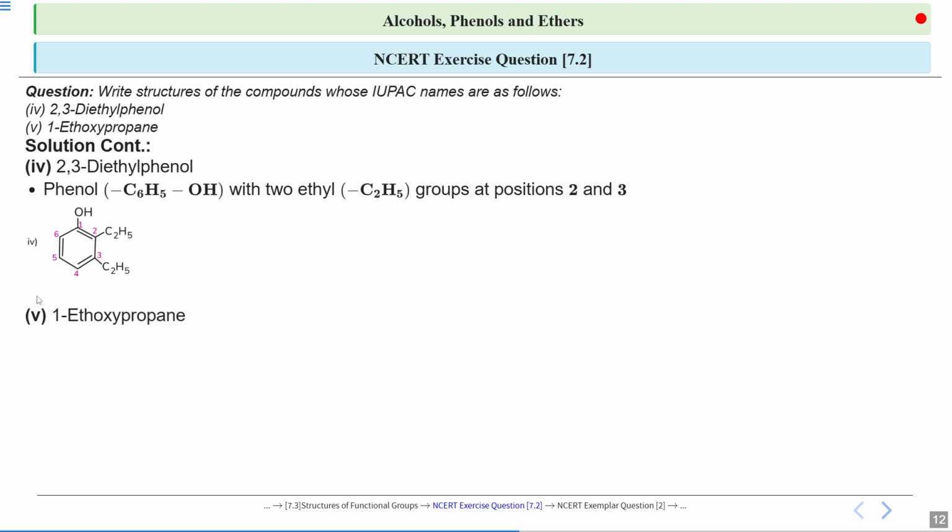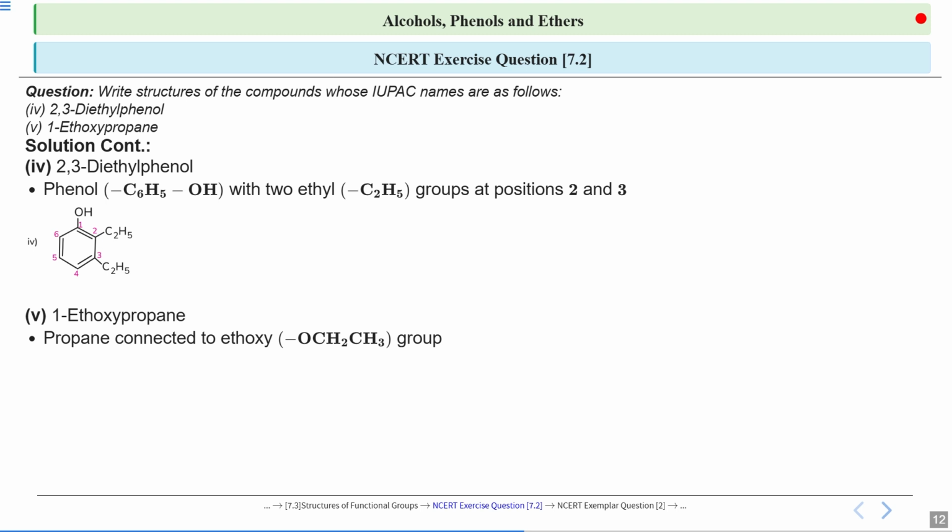For the fifth compound, 1-ethoxypropane. Propane means a 3-carbon chain connected to an ethoxy group at the first carbon, 1-ethoxy. Ethoxy group means the OCH2CH3 group. If you remember, we have studied that in ethers the two R groups may or may not be the same.